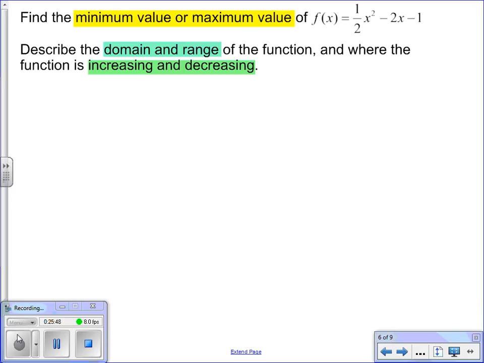So yesterday, it was really easy for us to find the vertex because we were working with h and k. Here, we're going to have to do a little bit of grunt work to find the vertex right away so that we know what is the min or max x and y values.